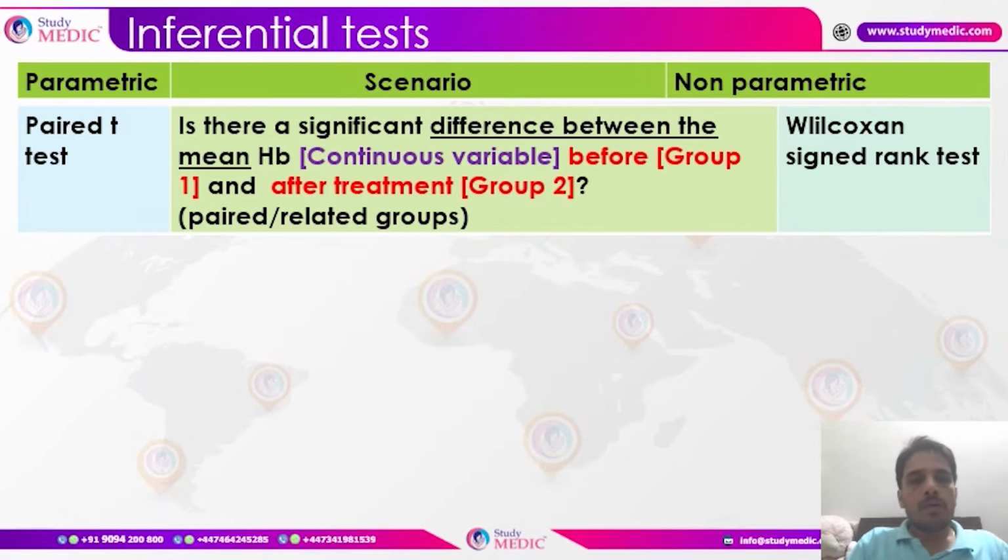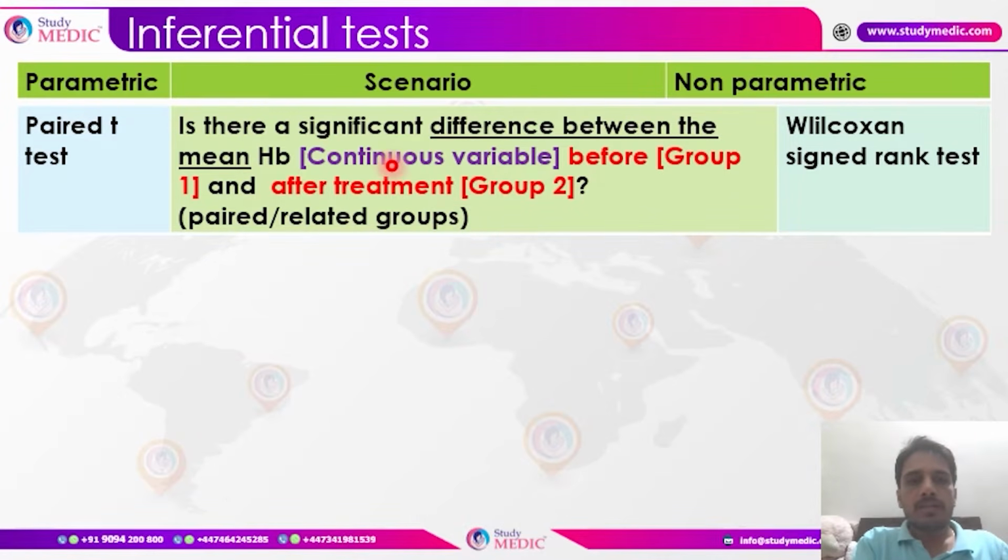Now coming to another scenario, here we want to find out, is there a significant difference between the hemoglobin, which is a continuous variable, before giving treatment and after giving treatment. You can see here there are two groups, but these two groups are not mutually exclusive. That means they are paired or related groups.